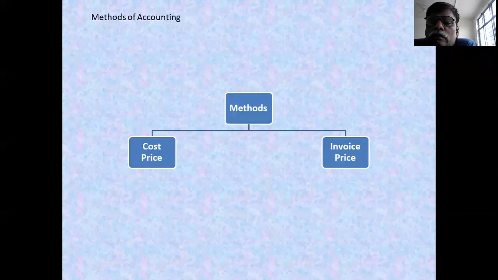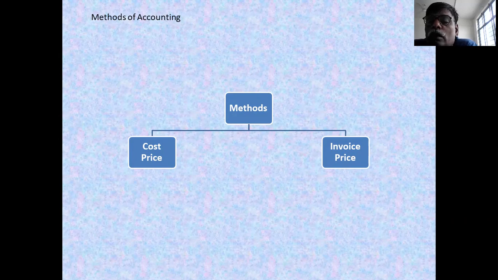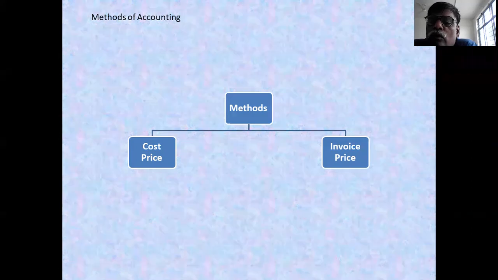Invoice price means to the cost, he adds some margin of profit, which is called loading, and informs the consignee to sell at that price or more than that price.